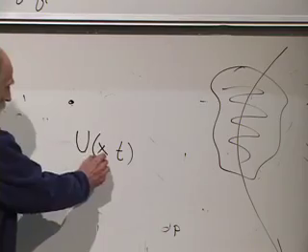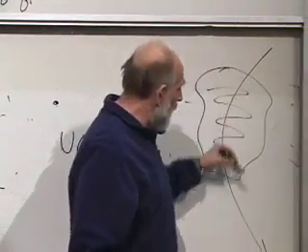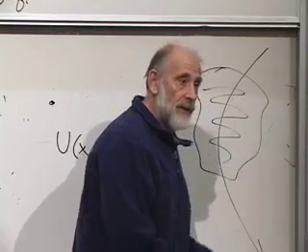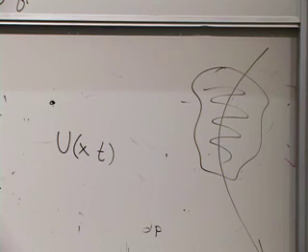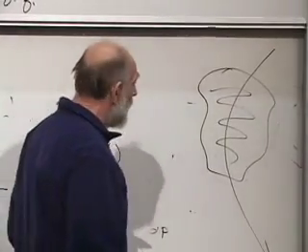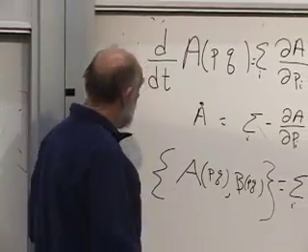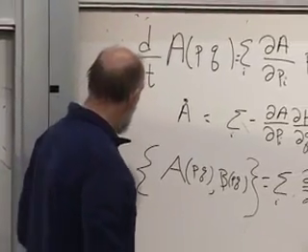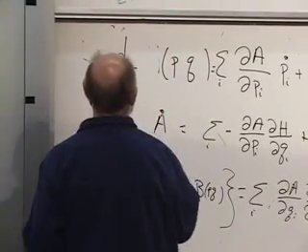It certainly depends on time just because x may depend on time. But that's an implicit dependence on time. There's also an explicit dependence on time corresponding to the fact that the source of the force happens to be moving. All right.